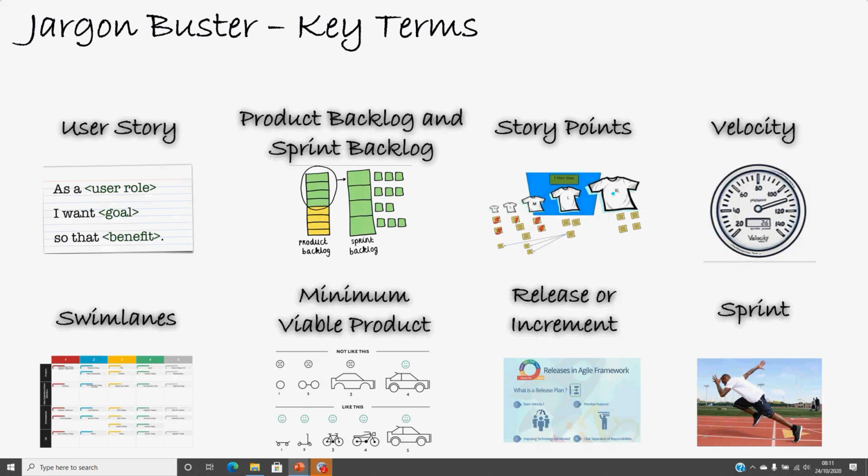Somebody could say, I want as a user to create tables so that Microsoft Word can interact with Microsoft Excel.